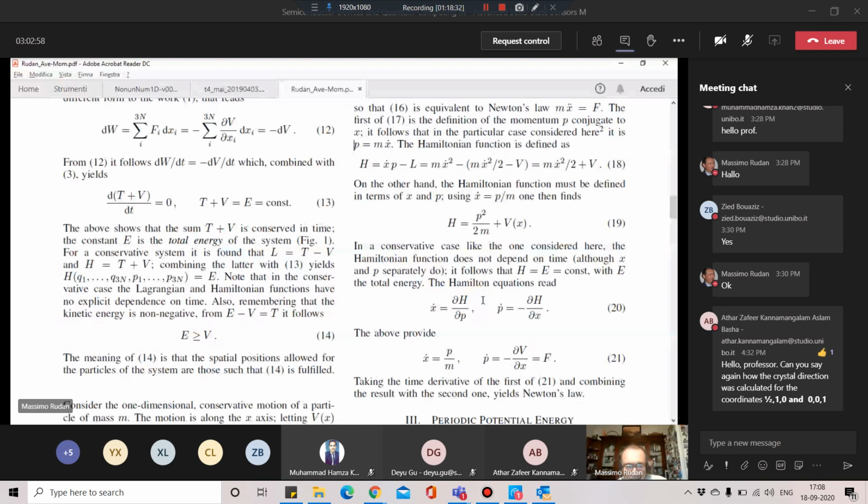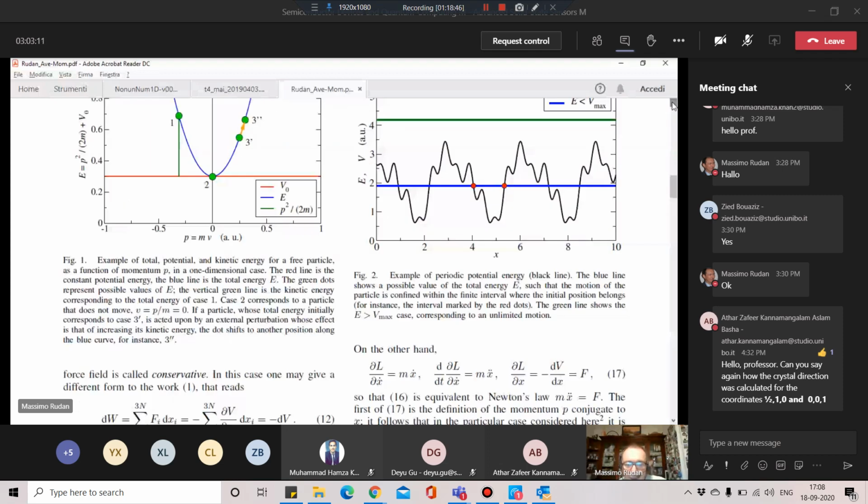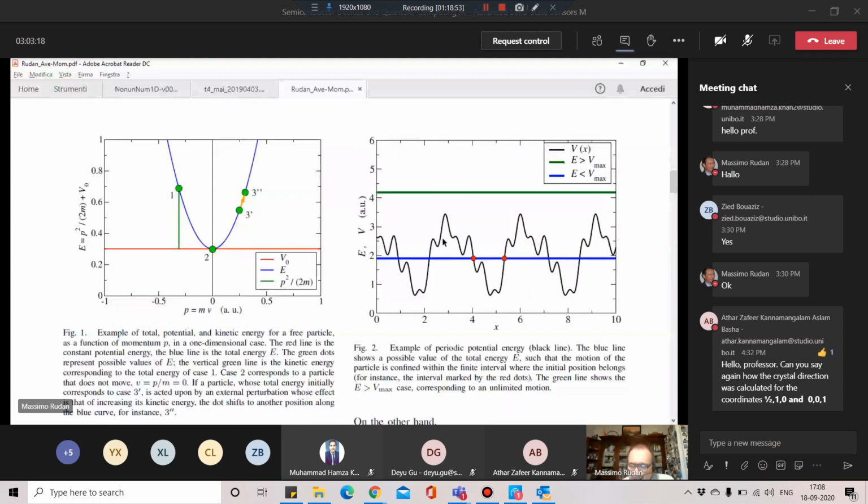Okay, so there will be a figure somewhere here. The figure on the right represents a possible type of periodic energy, completely unrealistic, of course, okay? But for the moment, let's consider the figure on the left, okay?